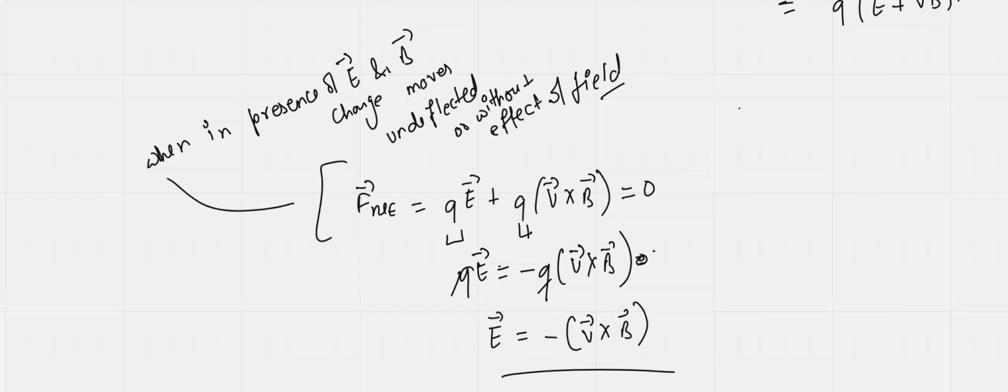Okay, so look, if there's a charge, just look at that carefully. An electron is moving in this direction. One velocity must be in this direction, one in this way, and the magnetic field is in this way.